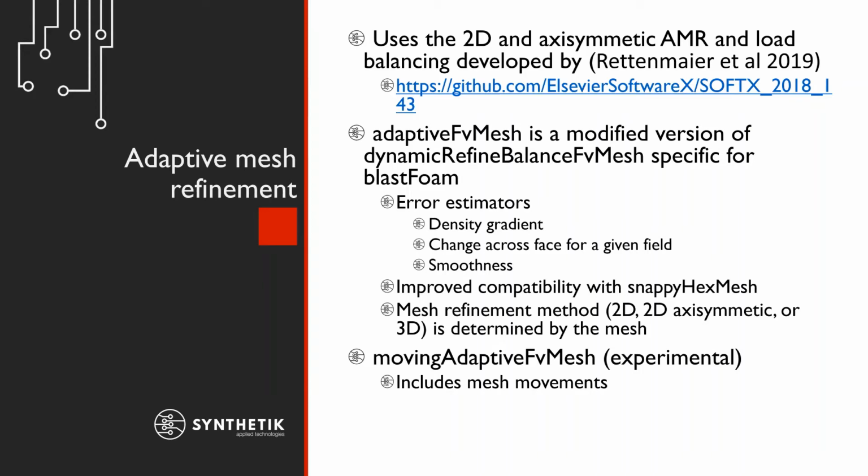And then smoothness. We also have improved compatibility with snappyHexMesh. So if cells are cut from snappy, you keep that refinement history. You can't unrefine it, but it still works. And then it does work somewhat well with snapping as well.